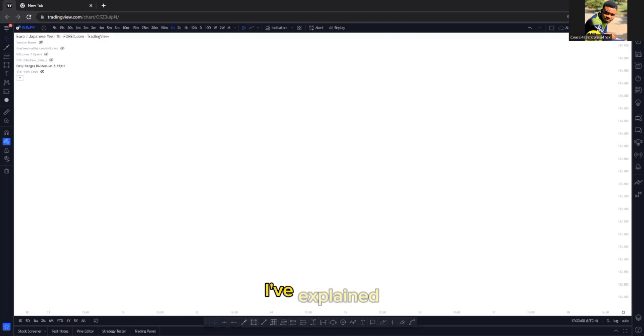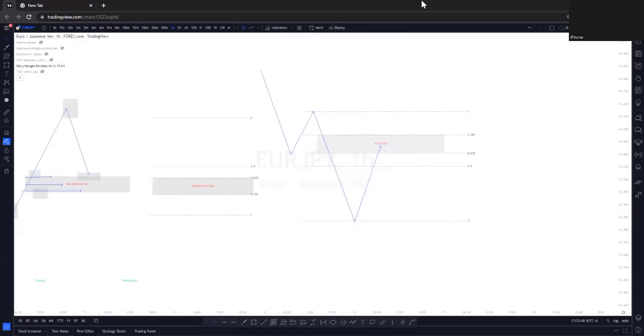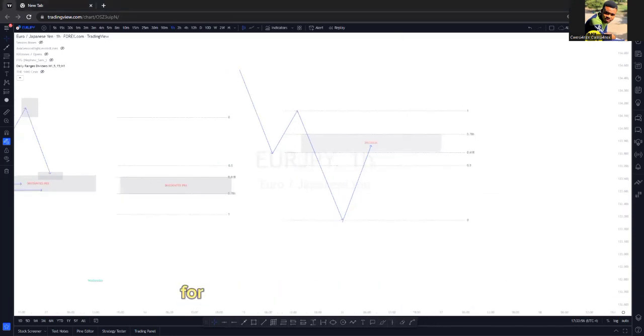So I've explained how, within the H4, within your premium price is where you are always going to look for your continuation or your point of interest.